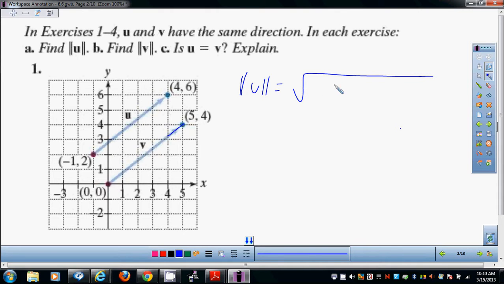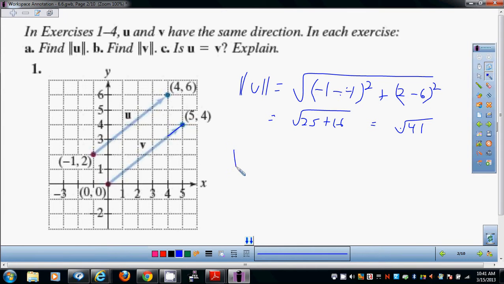So, if you don't remember the distance formula, it's x1 minus x2 squared plus y1 minus y2 squared, negative 5 squared, negative 4 squared. And what is that, radical 41? You're just letting me do all the work. Yes, ma'am. Now let's try vector v.